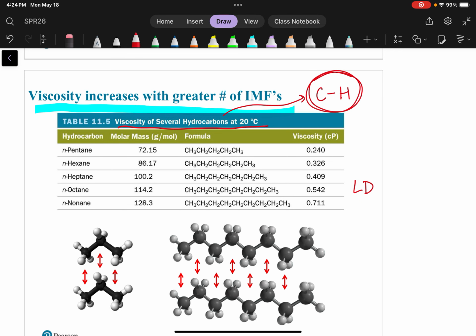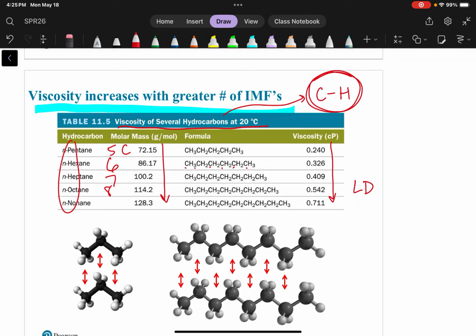However, look at the longer carbon chains. Pentane has 5 carbons. Hexane has 1, 2, 3, 4, 5, 6 carbons. Heptane has 7. Octane has 8. This is where those prefixes come in handy, so you don't have to count. So the more carbons you get, the higher your molar mass, which also means the higher your viscosity.